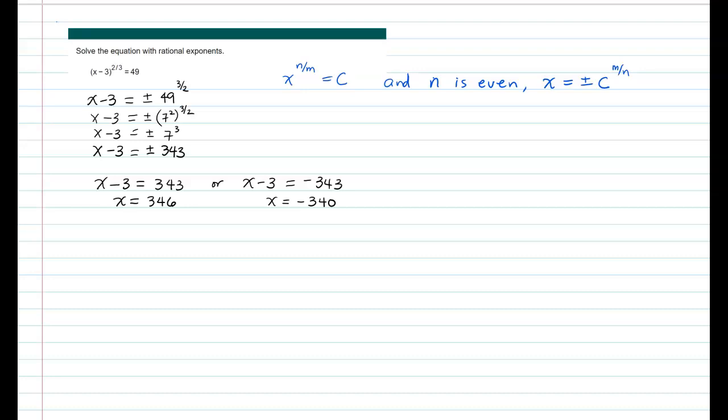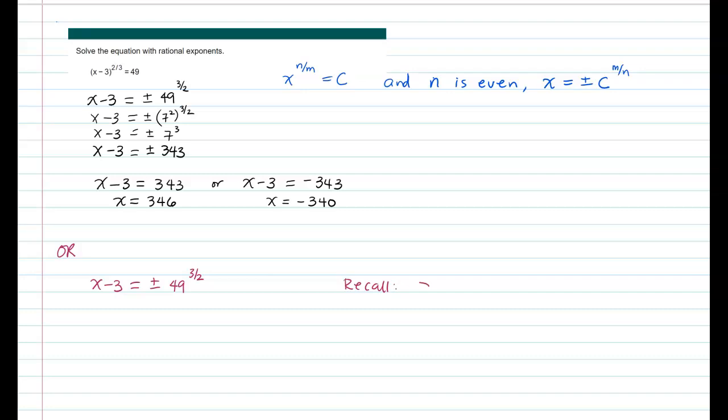Okay, so now let me offer you a different approach. Maybe you are a bit intimidated by how I solved this. Let's go back to that original equation and consider a different approach. Once you have x minus 3 equal to plus or minus 49 to the 3 halves, you may alternatively do this. Remember, a fractional exponent can also be written in radical form.